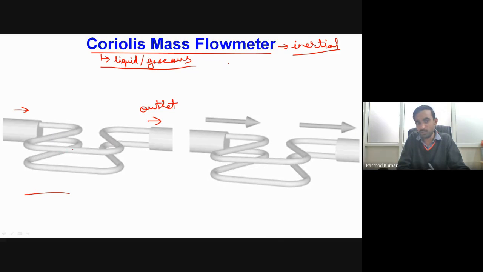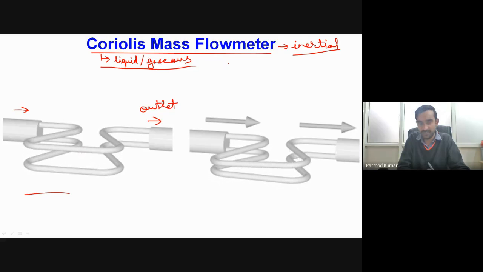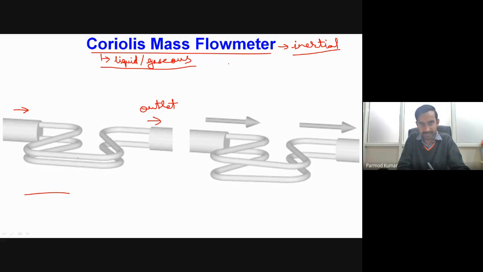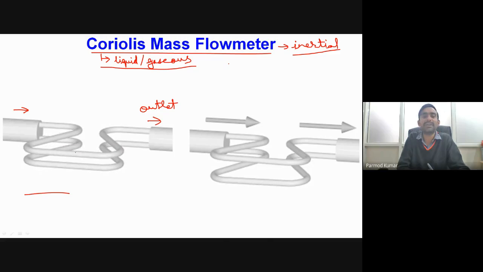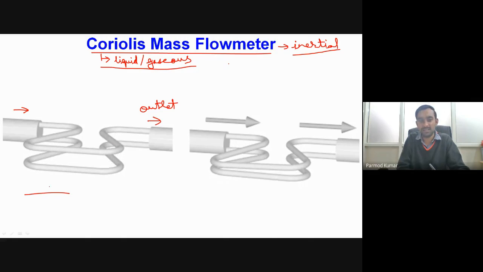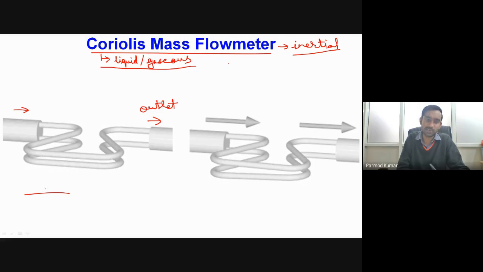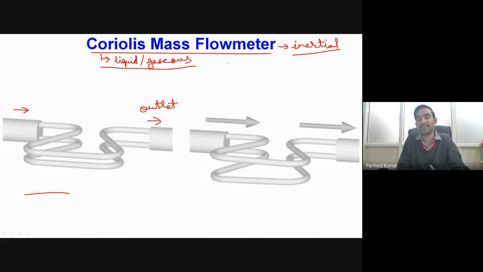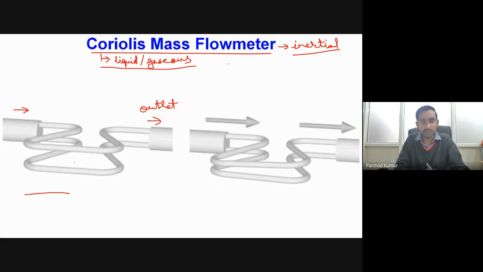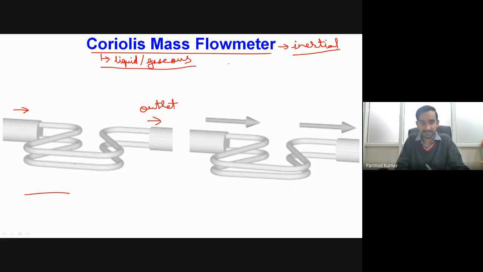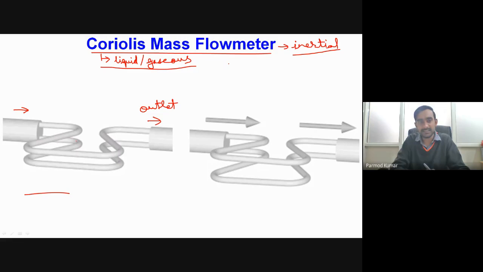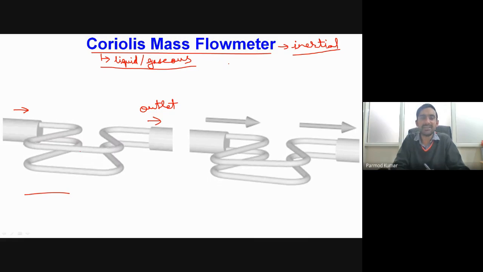You can see over here both these tubes are vibrating. The first tube is going in upward direction and then it is moving in downward direction. So these tubes are having periodic forced oscillations. We have an electromechanical transducer which is converting our electrical signal into the mechanical oscillations of these tubes. In this very first animation on the left hand side, you can clearly see that we are having very systematic oscillations.